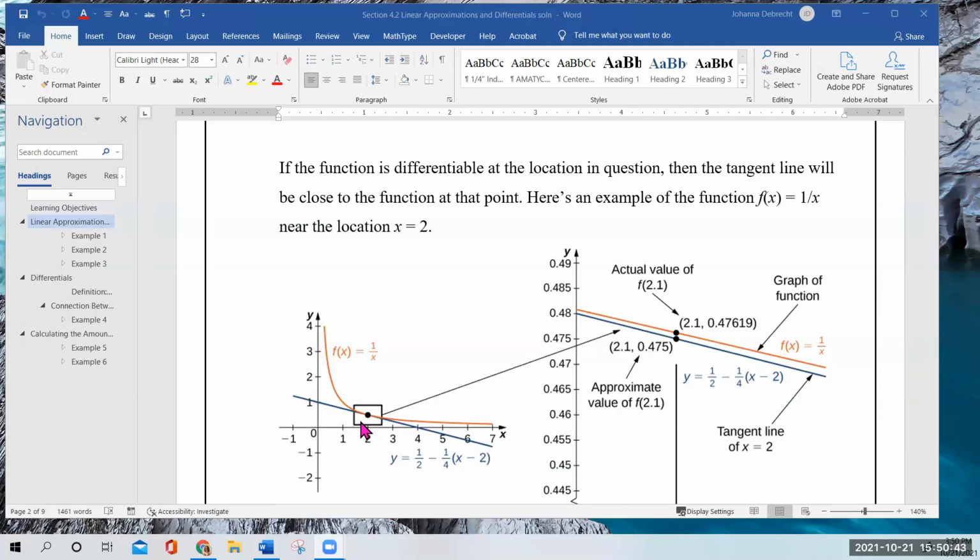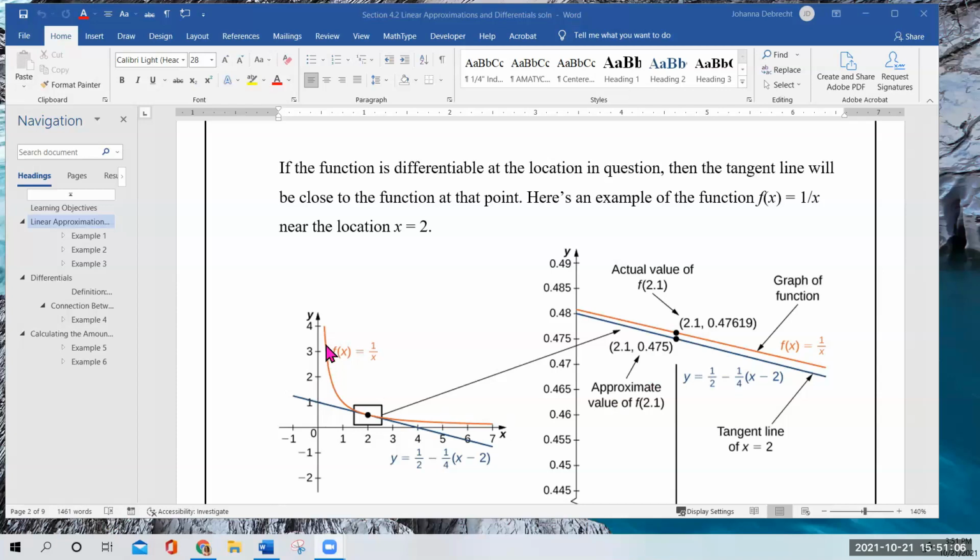As long as you're very close to 2, the graph of the tangent line that you see in the right graph is very close to the graph of the actual function, which you see here in the red-orange color. So long as you are close to 2, it is true that the tangent line graph is very close to the graph of the function.